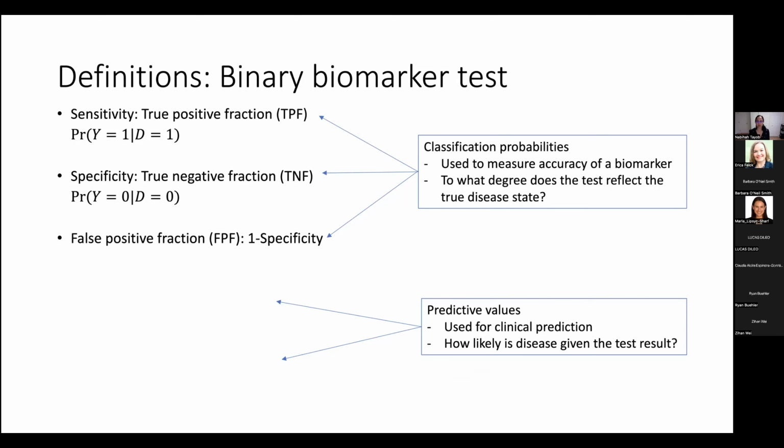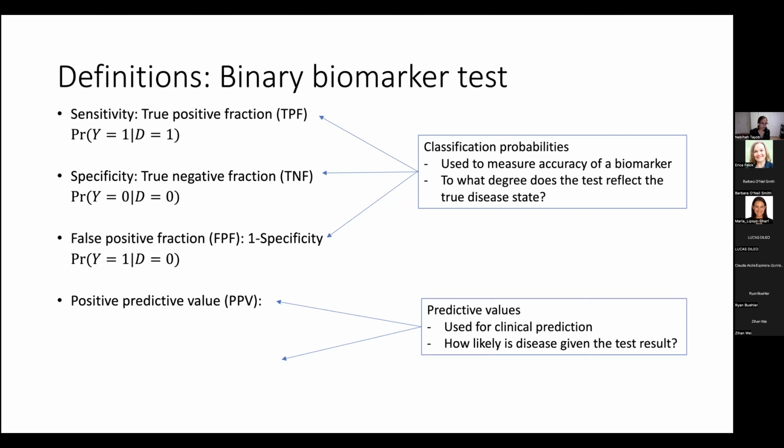If I do this test on the patient, how likely is disease given the test result is positive or negative? So it's changing your perspective. And we'll go into some key differences in terms of evaluation that we need to be careful with though.